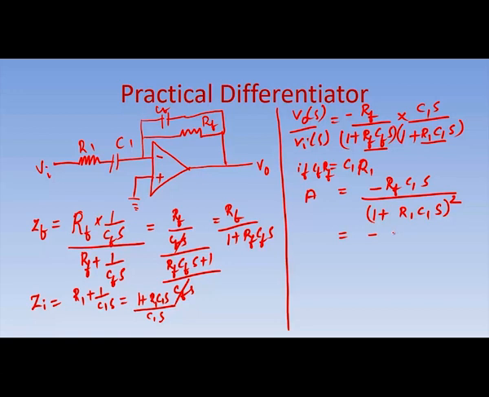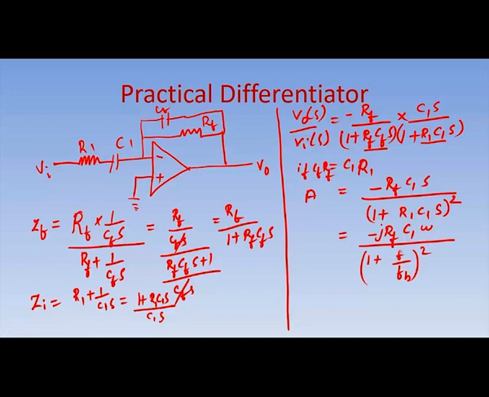So, this is the gain of the practical differentiator. If S is replaced by j omega, then it is omega divided by 1 plus F by Fb, the whole square. As such, I have replaced S equal to j omega, and omega is equal to 2 pi f, and there you have 2 pi f.